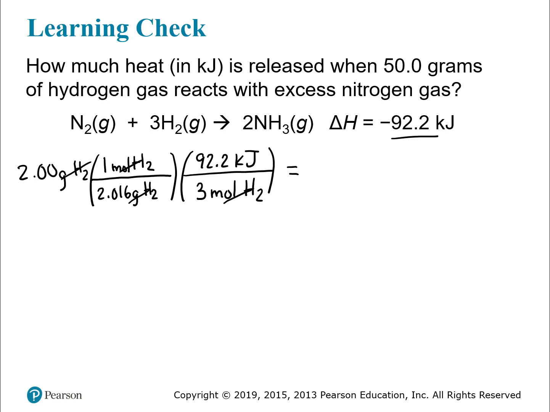Oh, I wrote 2 instead of 50 because my brain is on lunch. That's why. Thank you for that. The calculation I did is for 50. Good thing I did this earlier. Thank you. So, with 50 grams, we've got a lot more moles of hydrogen gas.